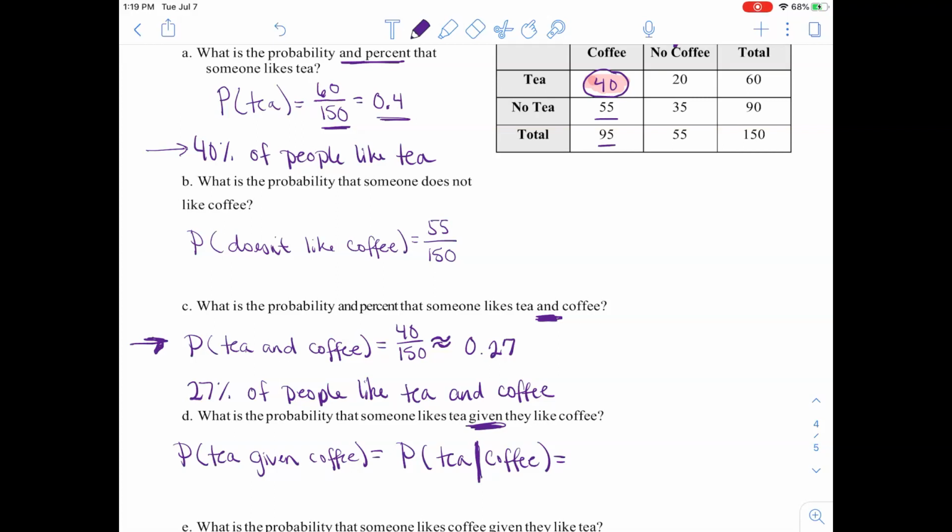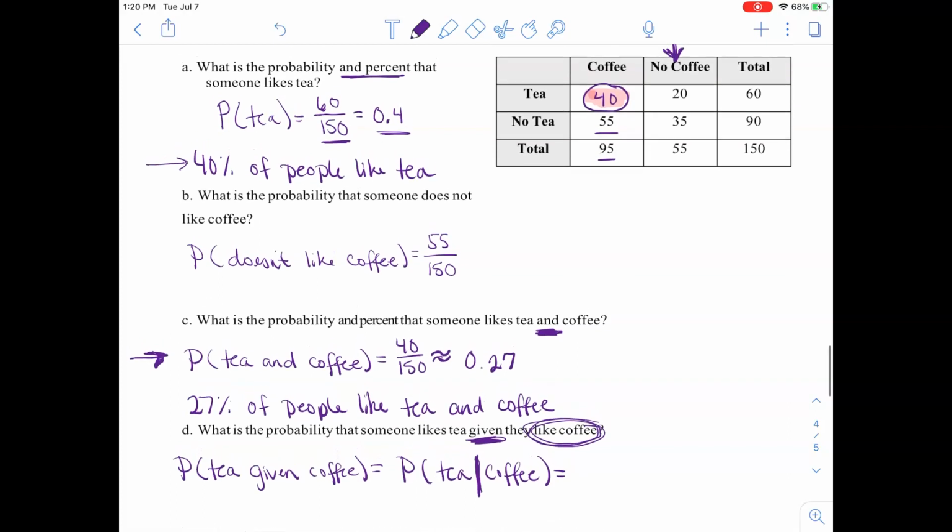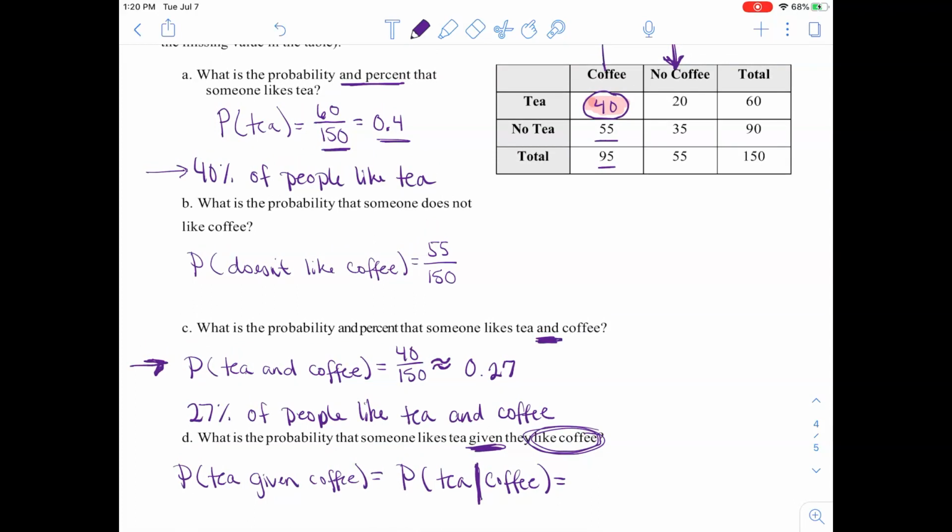So this is what I was saying earlier. This is now your denominator. Okay, so I'm going to look at my total for coffee. Here's the coffee row, or forgive me, column. Well, there's 95 people total that like coffee. Out of those people, though, who like tea?